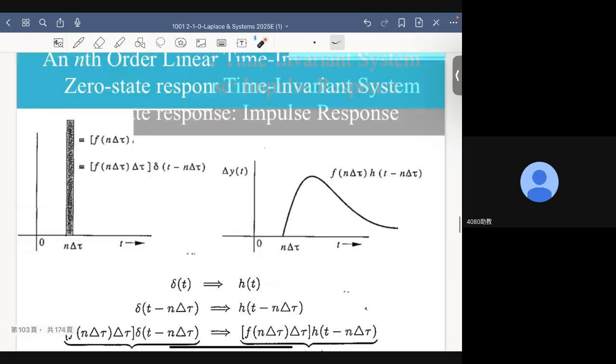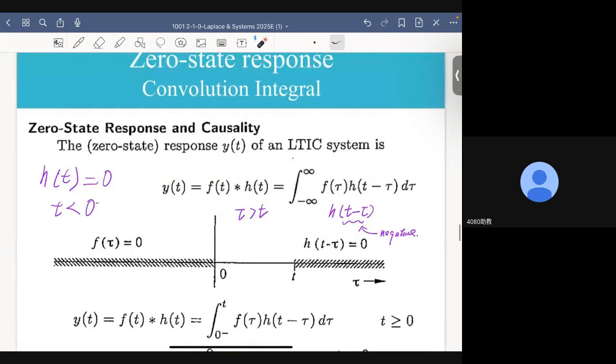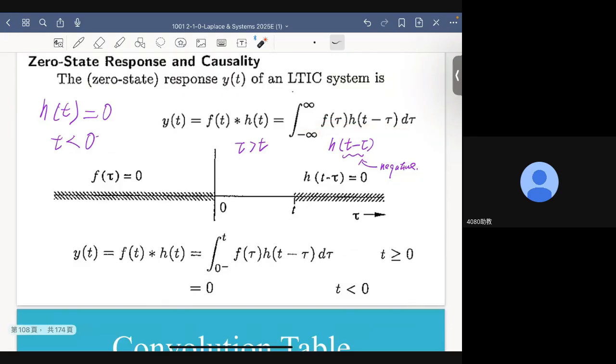So for a linear time invariant system, this is always true. And we are pretty sure that when tau is larger than t, then h of t minus tau is 0. So we don't have to integrate this integrand all the way up to infinity, and we can set the upper bound to be t.